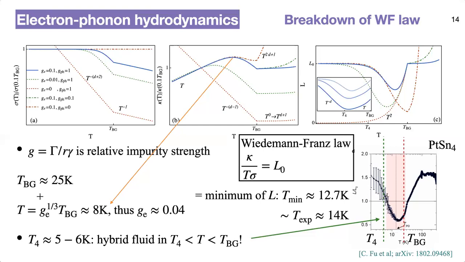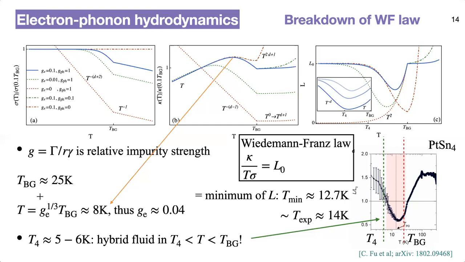Maybe I'll just have a comment, specifically on this slide that we're seeing now. There are these plots for the Lorentz number, right? I recently had to look up how this Lorentz number looks in regular normal materials. For example, in regular bulk copper, the Lorentz number looks very similar to what you show here. At low temperature, it starts off at L0 more or less, and at very high temperature, it's back at L0.